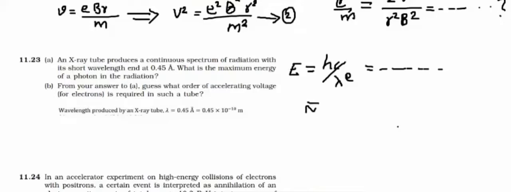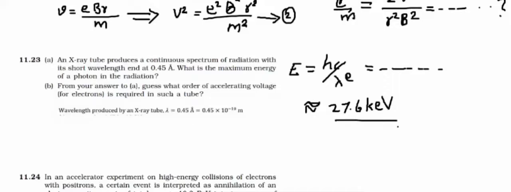Approximately your answer will be around 27.6 kilo electron volt for the energy. So what should be the accelerating voltage? If 27.6 kilo electron volt is the energy, then 27.6 kilovolt will be the accelerating voltage.